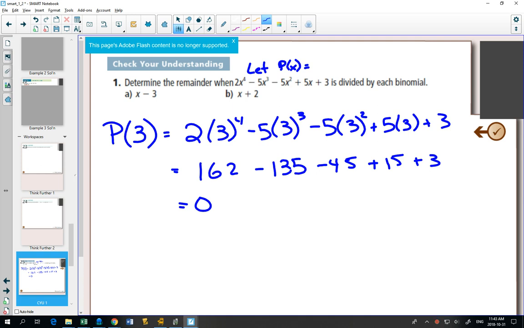Okay, this is the remainder theorem. With the 3 in there, the mental math is a little bit challenging at times. And then you have to add all these together. Okay, I kind of cheated. I put the negative ones together and saw that was negative 180. I put the positive ones together. 18 plus 162 is positive 180. And then I did 180 minus 180. 0.